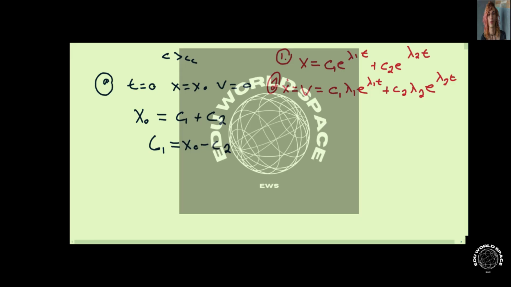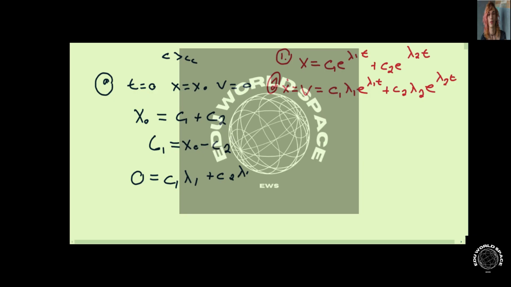So for this now, we're going to plug it into here. We have 0 for the v. So we have c1 lambda 1 plus c2 lambda 2.